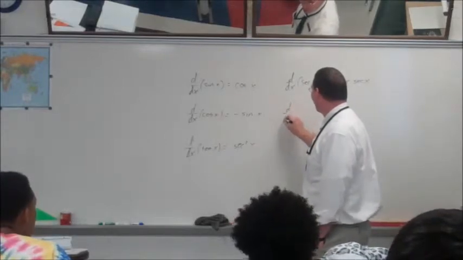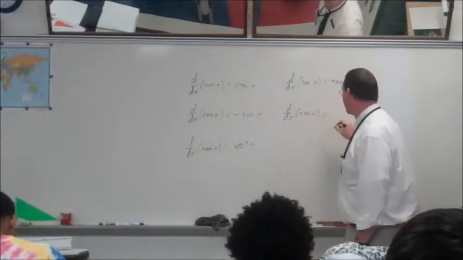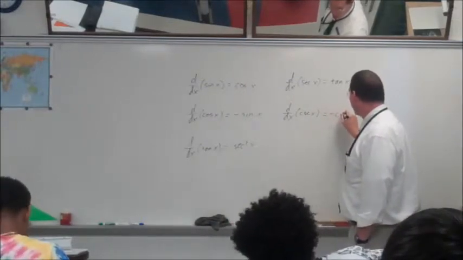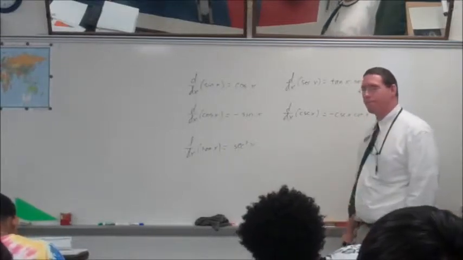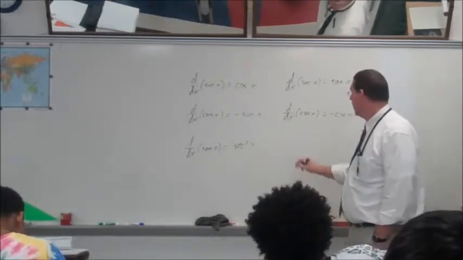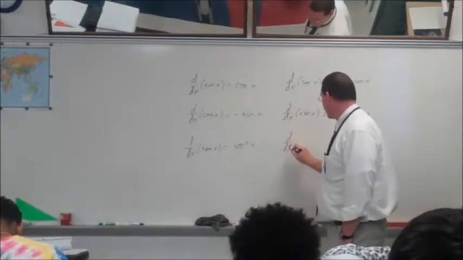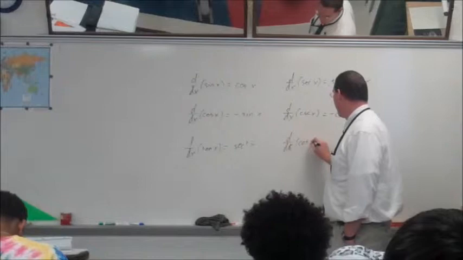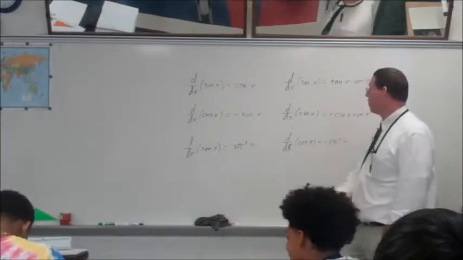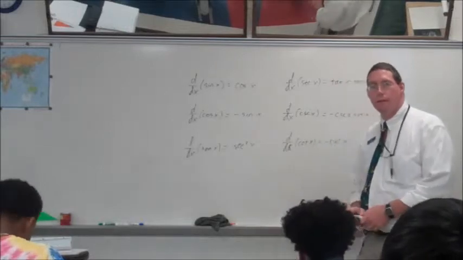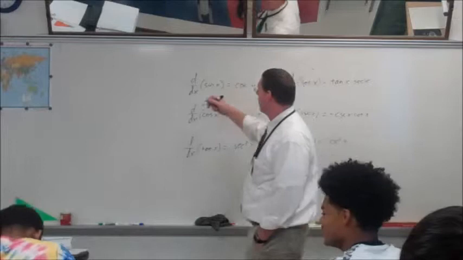All right, we learned that the derivative of cosecant of x is negative cosecant cotangent. Okay? And then the derivative d dx of cotangent of x is negative cosecant squared of x.